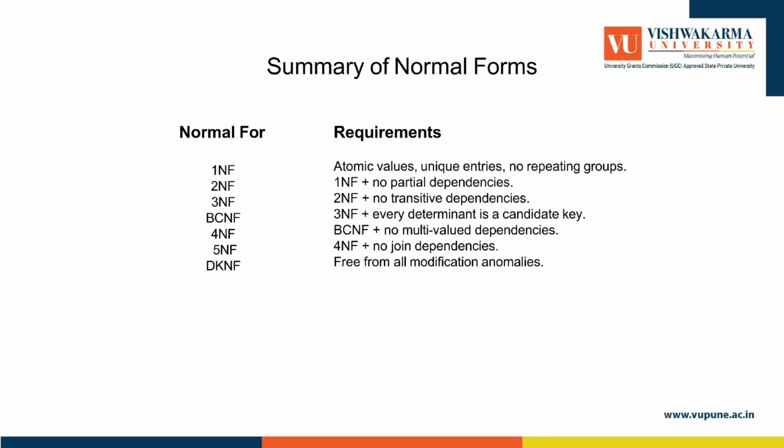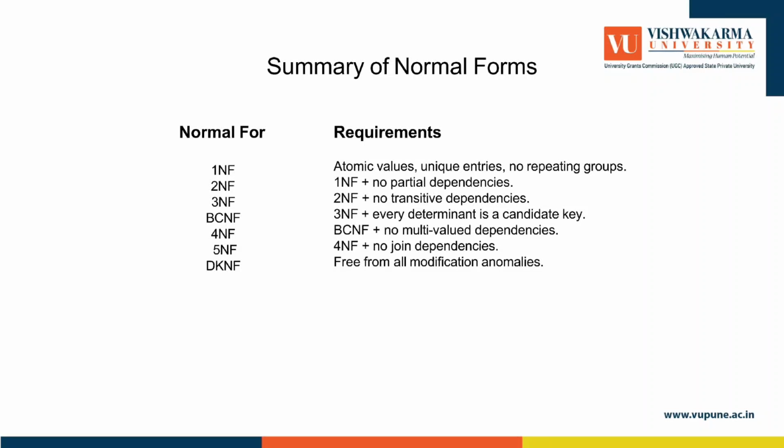Summary of normal forms and requirements. First, 1NF: atomic values and unique entries, no repeating groups. 2NF: 1NF plus no partial dependencies. 3NF: 2NF plus no transitive dependencies.